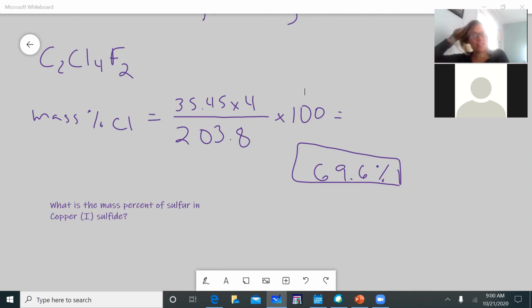If you got like 217 or 500, I would recommend recalculating it. I'd gotten 241. Yeah, I would try it out again. 35.45 times 4. Yeah, try it with 2 carbons, 4 chlorines, and 2 fluorines. I'm not getting 241 for that.